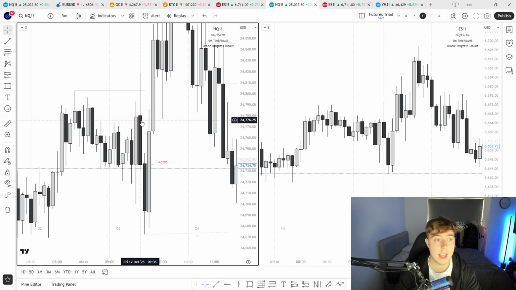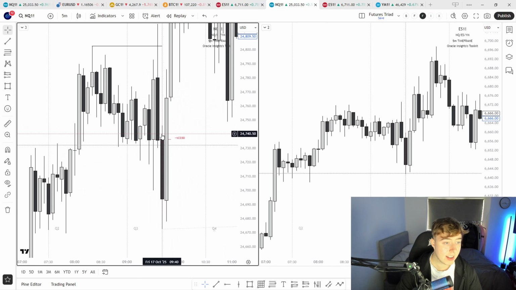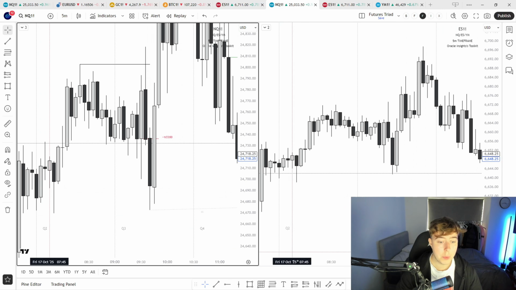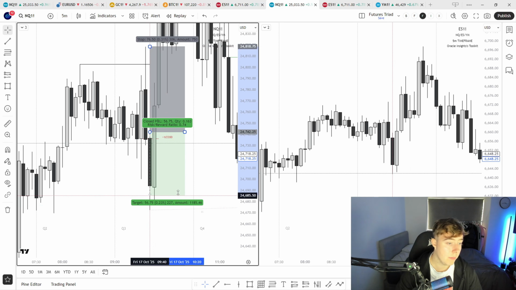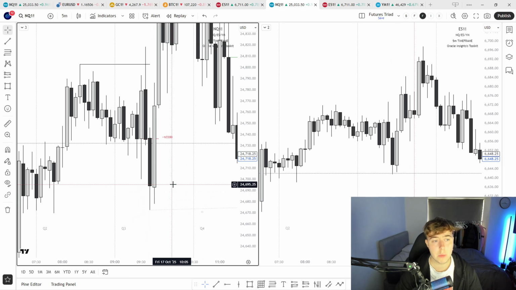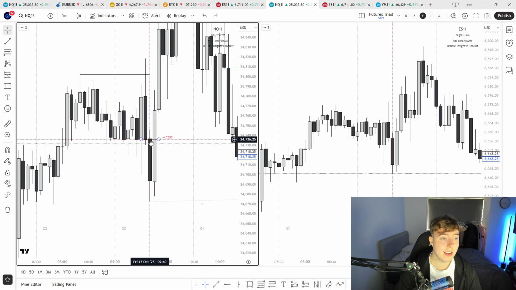So sequential SMT and tCISD in the same candle, which is what happened here. Price then retested it at 9:40, which, don't get me wrong, still did give a small move lower. This was just about one RR, something like that. Obviously, not one that you would have taken, but as you can see, it gave a small move lower.